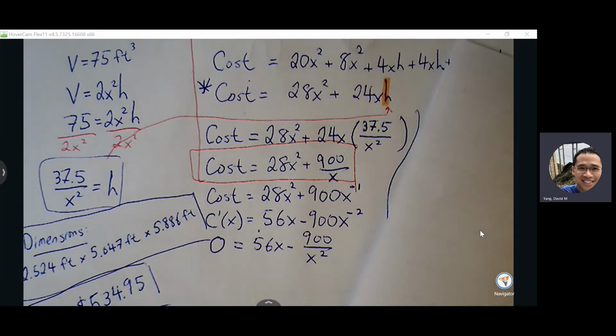The 900 over x is not quite ready for power rule, so I'm going to pull that x up to the numerator. Now this is nice and ready for power rule. Okay. Go ahead and go through our derivative. Use power rule for both terms. Set equal to 0. And solve for x.